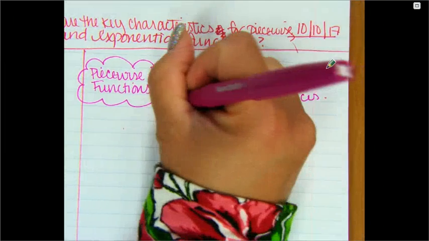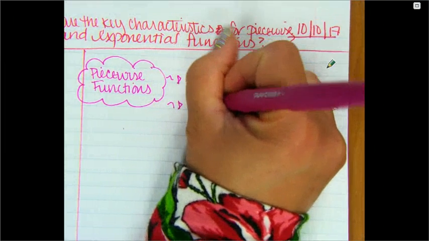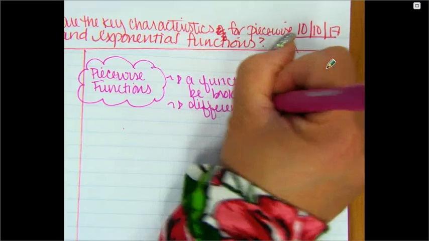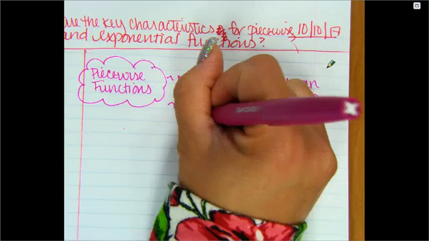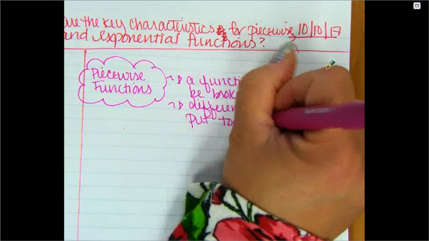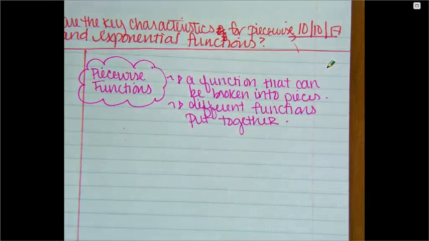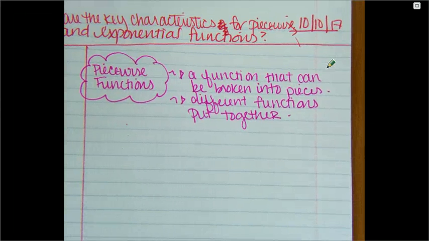Fancy that. They are different functions put together. So you'll see part of an absolute value, part of a parabola, part of a line, but it's just all flowy together. Okay.